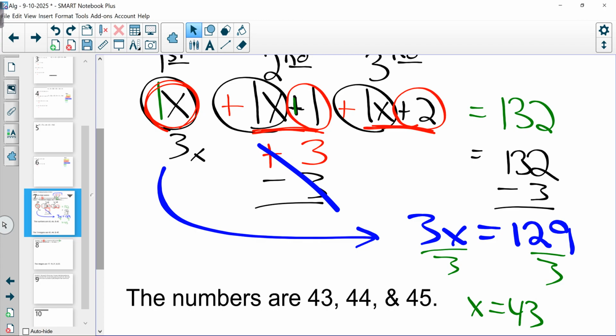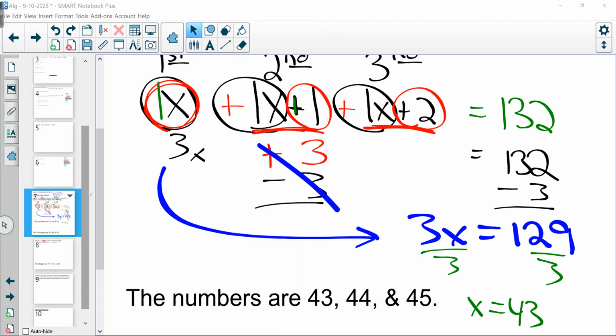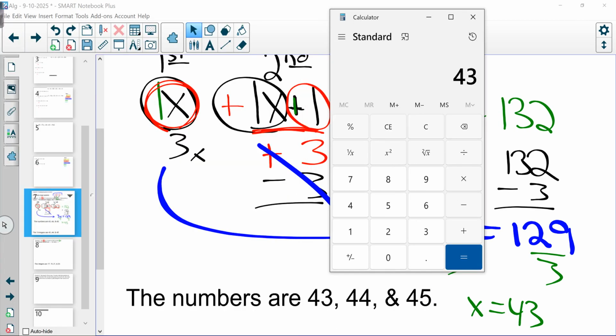How can you know if you're right? Well, you've got those calculators right there, or you've got your cell phones right there. So if I come up here and I'm like, hey, calculator, 43 plus 44 plus 45, it should equal what? 142.